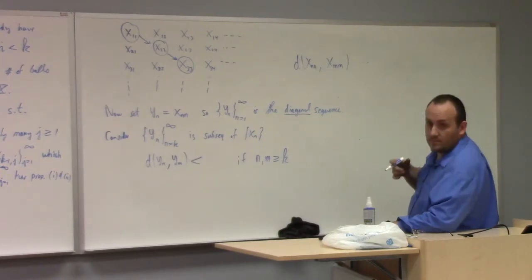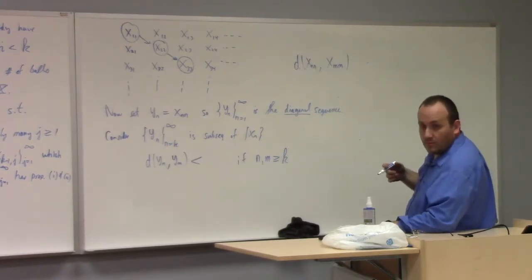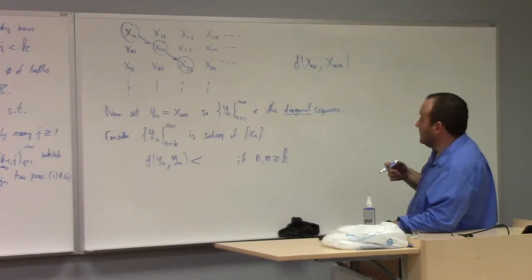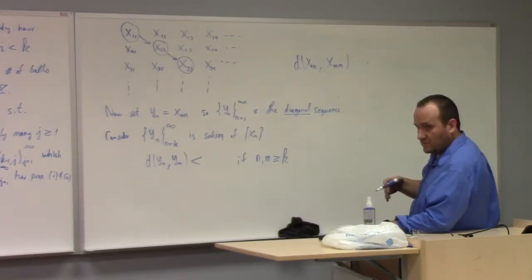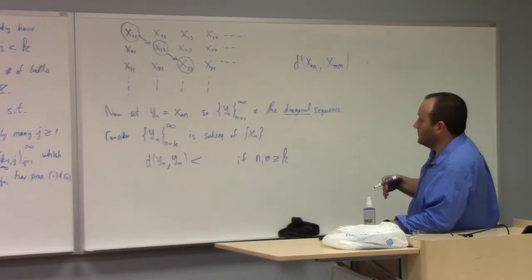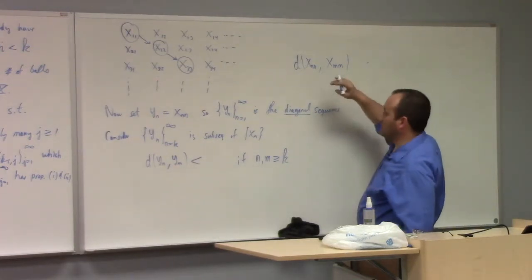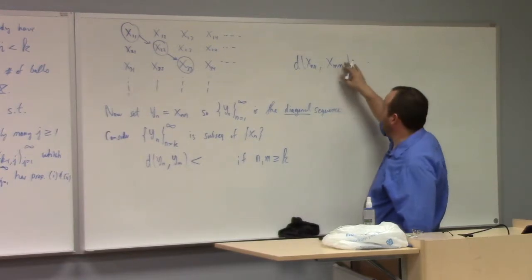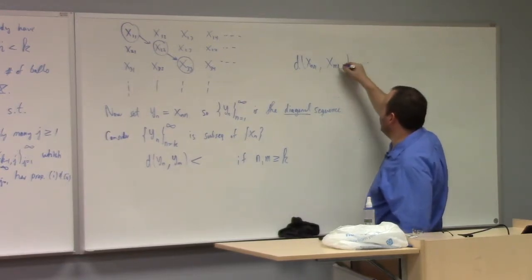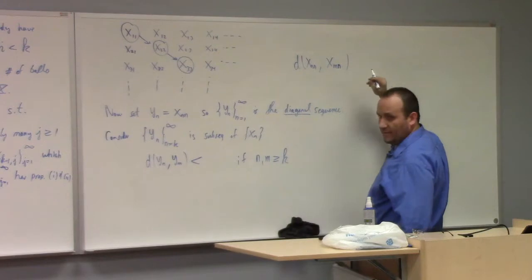But what Sam said is what he writes down. It's true. What were you saying we should do to see that? Triangle inequality. And then what?